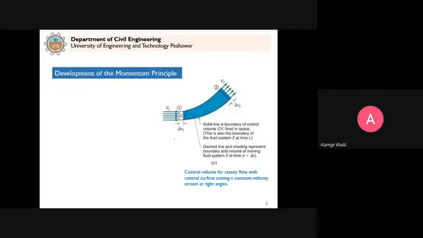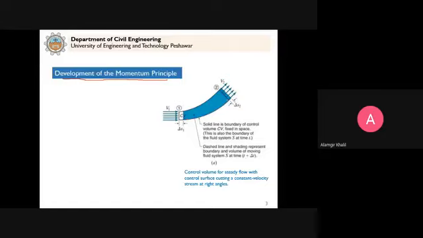Now first we develop the momentum principle, and then we will apply this momentum principle to different fluid flow conditions, and we will be able to calculate the forces. For this case, you can see here, this is a fluid system, which is shown here.